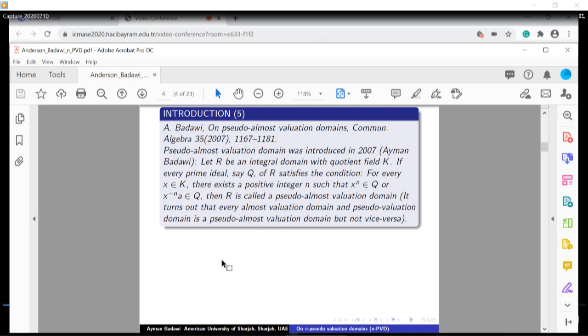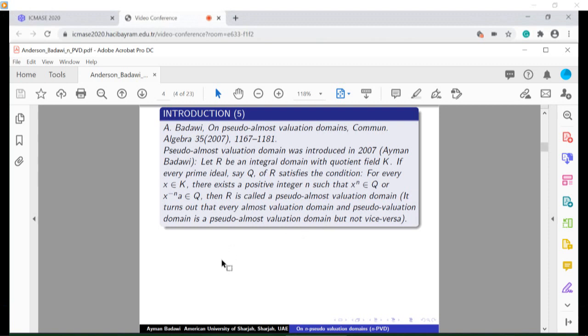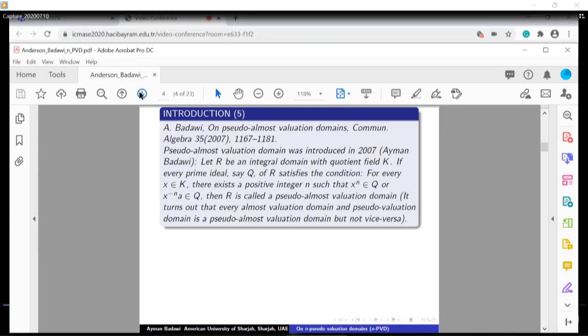So a pseudo almost valuation domain is a generalization of a pseudo valuation domain, a generalization of a valuation domain, and a generalization of an almost valuation domain.